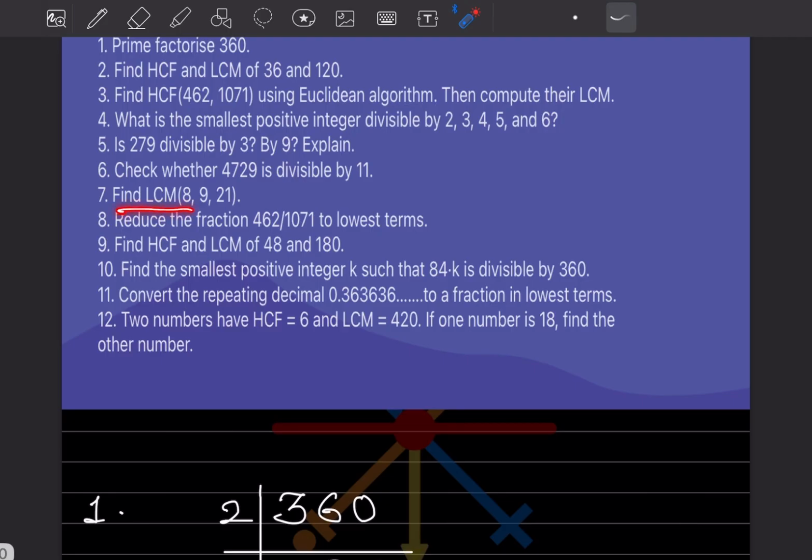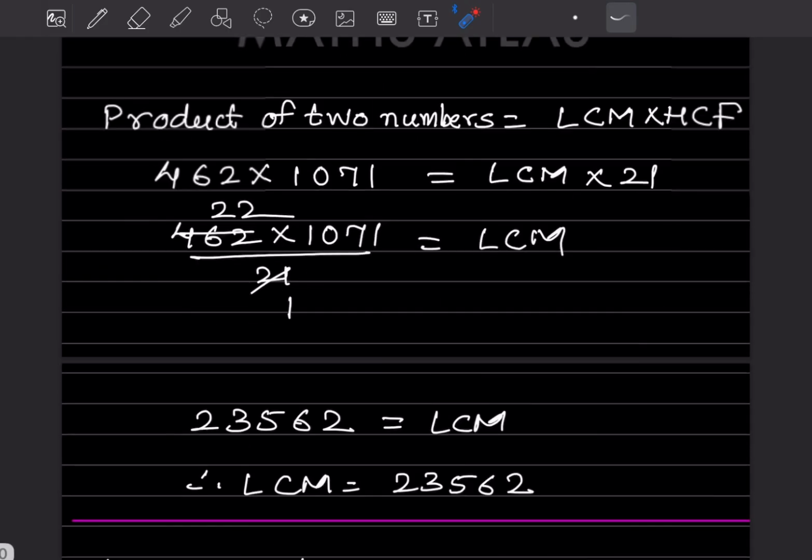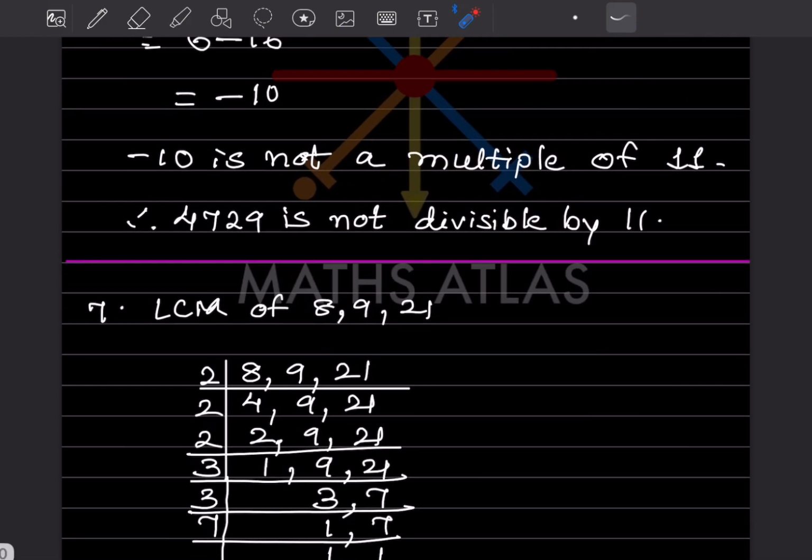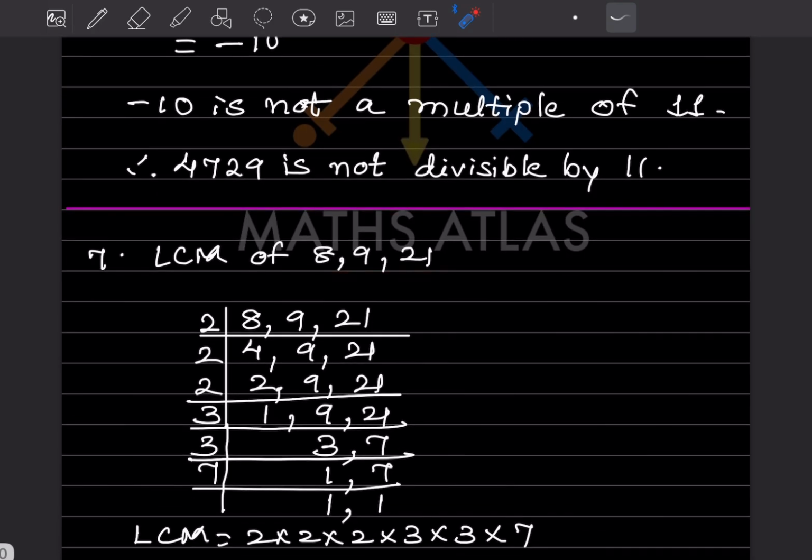Now you have to find the LCM of 8, 9 and 21. You can also do it this way. We start with 2. 2 fours are 8. 9 is not divisible by 2, so we keep it as it is, 21 also as it is.